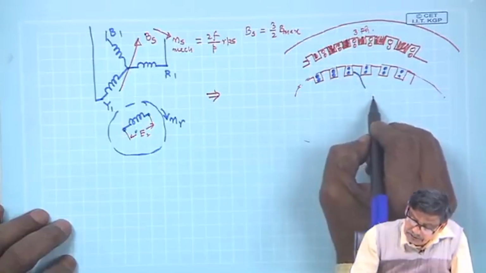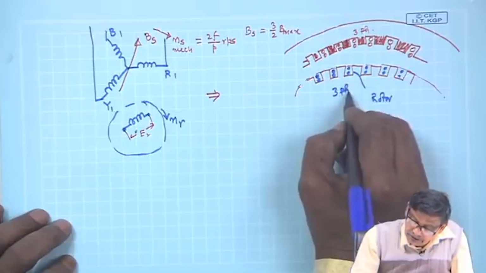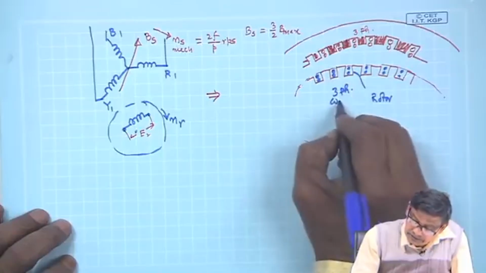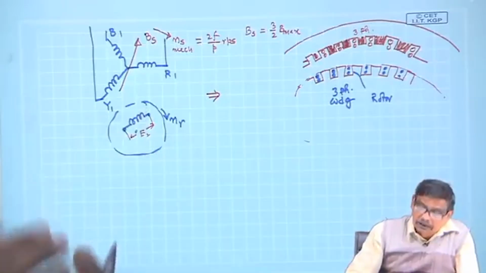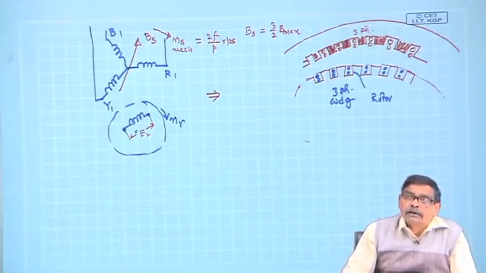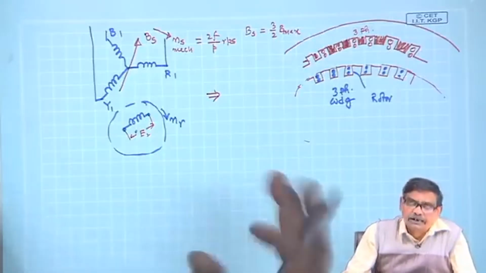So, this is rotor and 3-phase winding is also wound on the rotor. So, instead of a single coil on the rotor, I will now have a balanced 3-phase winding also on the rotor, just similar to that of stator.